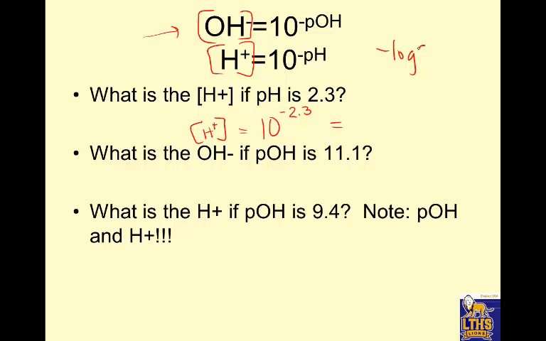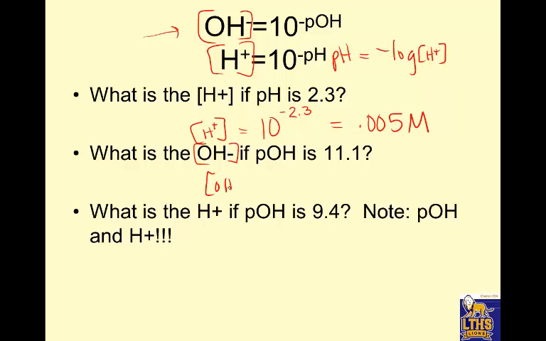Remember, the negative log of H plus equals pH. If we want H plus, we have to bring the negative over and use 10 caret, because that's the inverse of the log function, and we get 0.005 molar. Okay, if we're asking for a concentration, it's the molarity. What is the hydroxide concentration if pOH is 11.1?